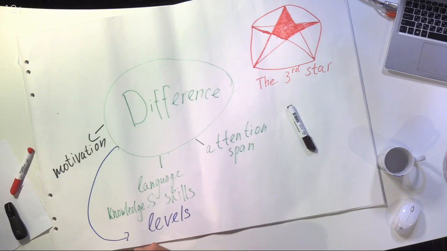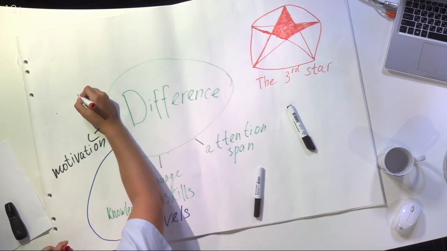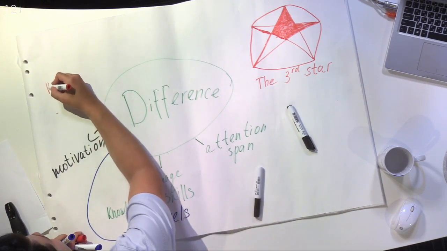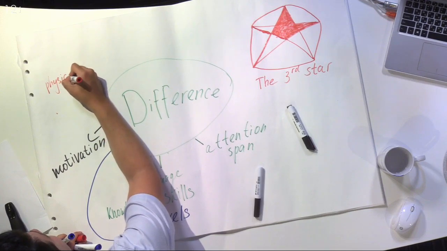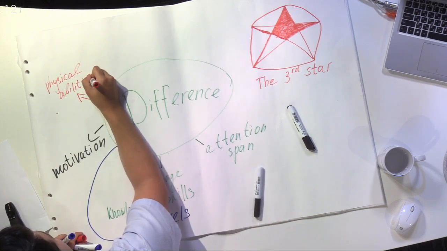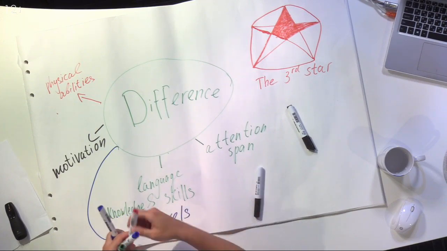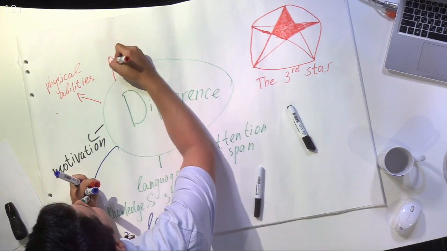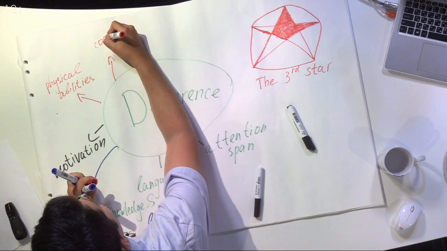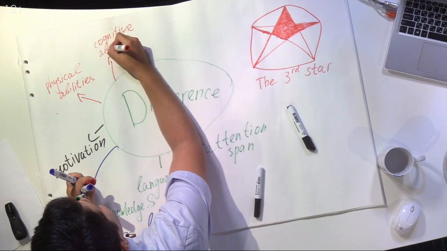Abilities, very, very good. Abilities and interests, Maya, couldn't agree more. And here I would say physical abilities such as eyesight, for example, the one example that I've already used, and cognitive abilities, thinking skills.